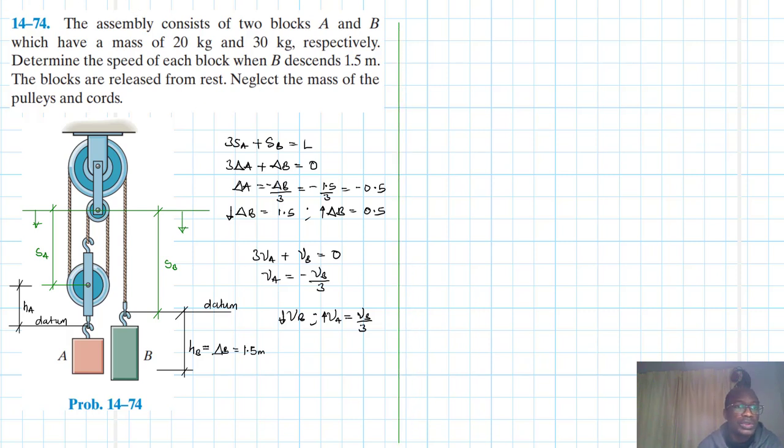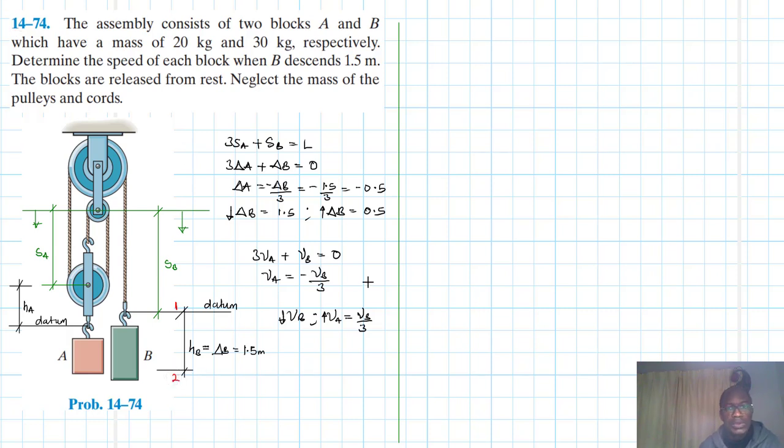Since we are dealing with conservative forces, we can straight away use the principle of conservation of energy. And here we are just dealing with gravitational potential energy and some kinetic energy, right? So let's pick one point. Let's call this point 1, and we call this one point 2.